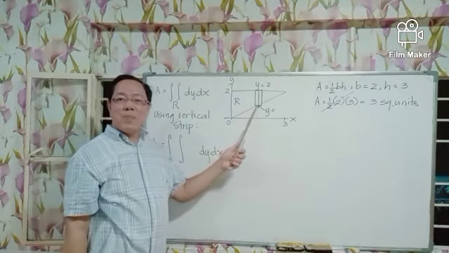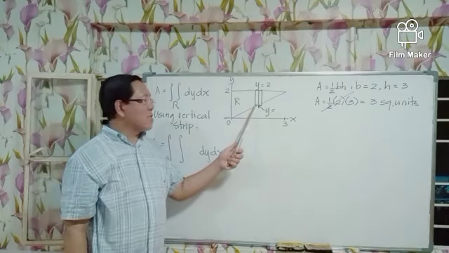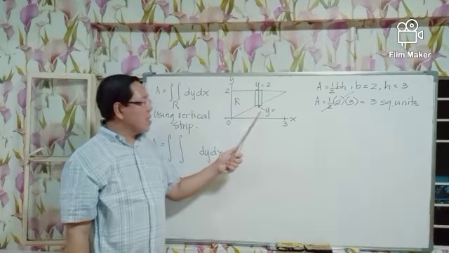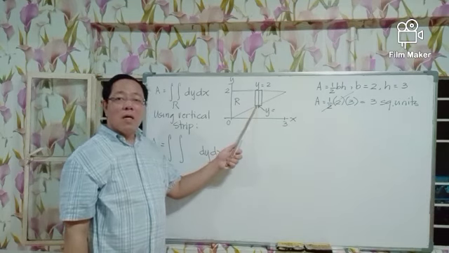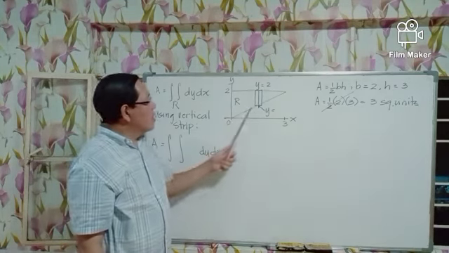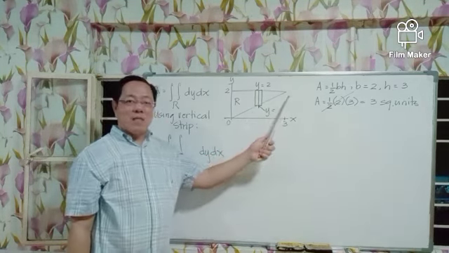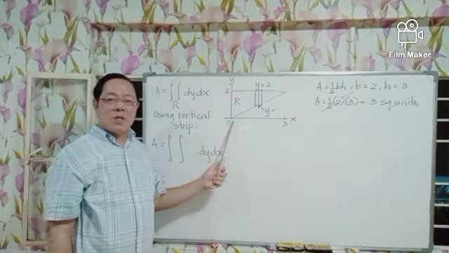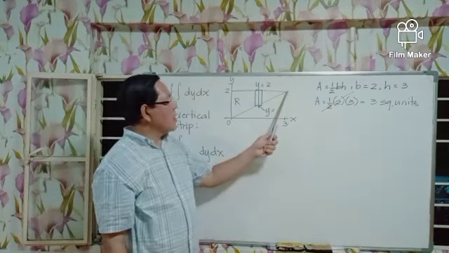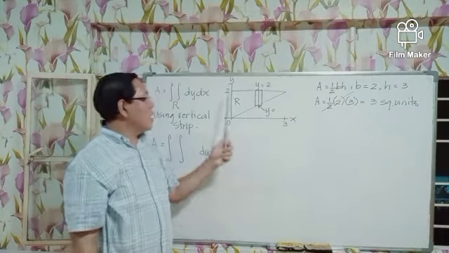At the lower base of the vertical strip, we have to find the value of y. But you can see this point is a point on this line. And the line passes through the origin, or the point 0, 0, and this point with coordinates 3 and 2.